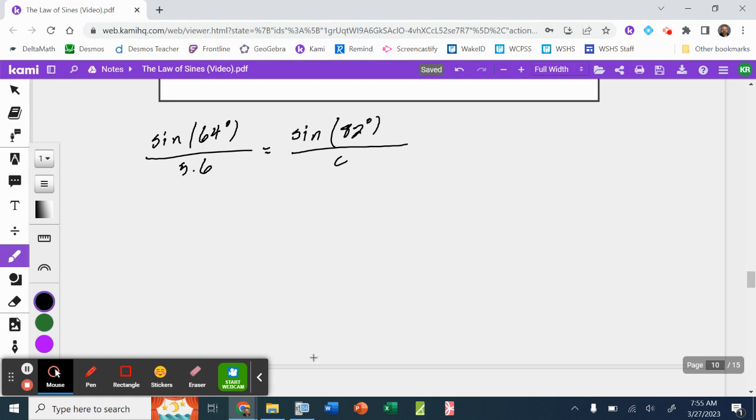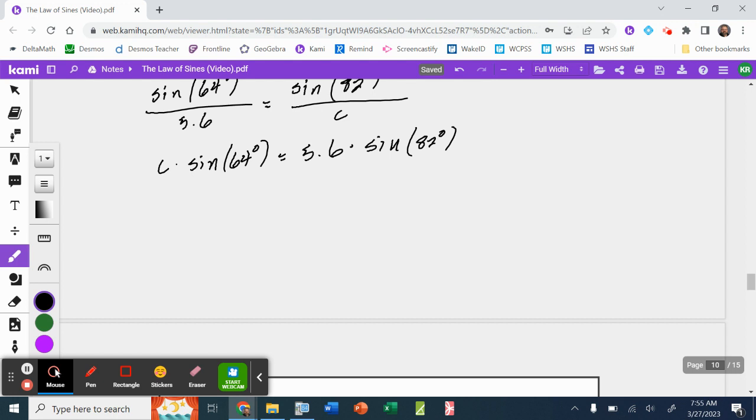So we're going to go ahead and cross multiply. We'll have C times the sine of 64 degrees is equal to 5.6 times the sine of 82 degrees. And then I am going to divide both sides because I need to isolate C. I'm going to divide both sides by sine of 64 degrees. Now again, here on the left, these are going to simplify out, and that means 1 will be left behind.